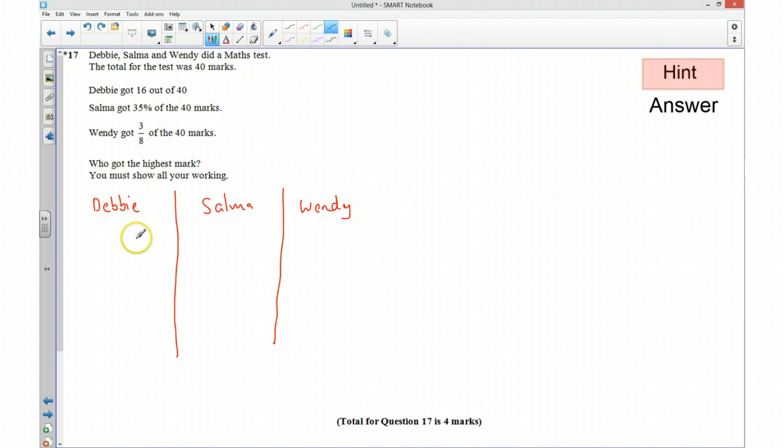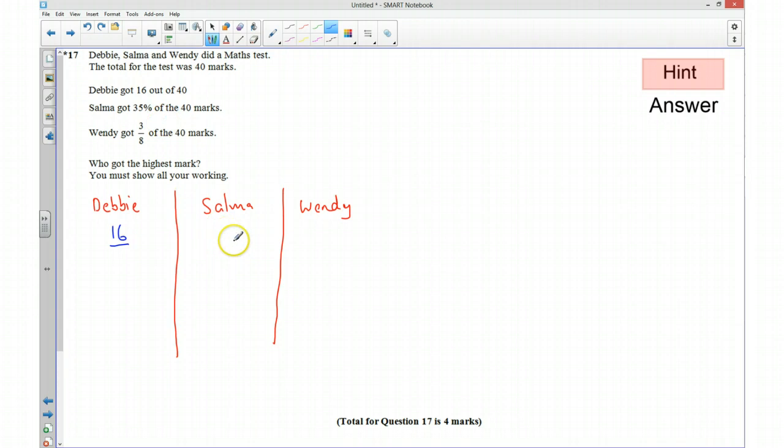So my hint to you for this is, well, Debbie got 16, so we need to work out how many marks Selma got. We know she got 35% of 40, but we don't know actually how many marks that is. And also we need to know how many marks Wendy got. We know she got 3/8 of 40. We need to know how many marks that was. Once we know those things, we can decide who got the highest mark.